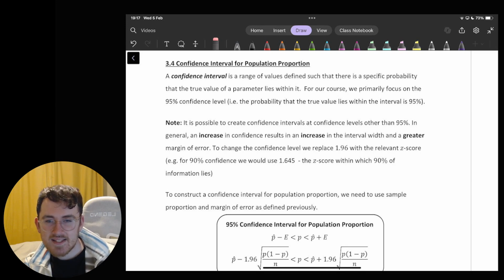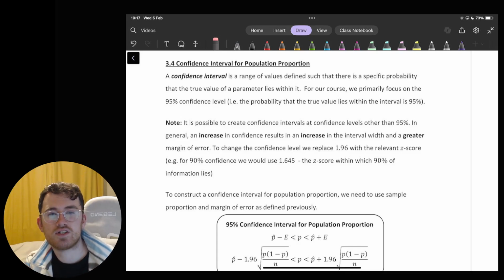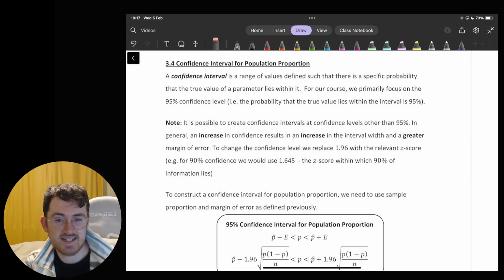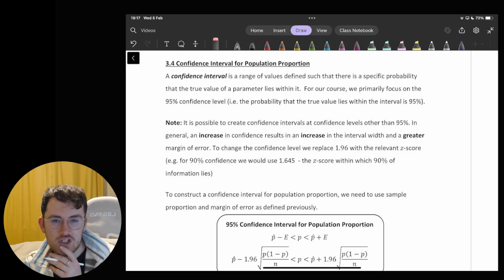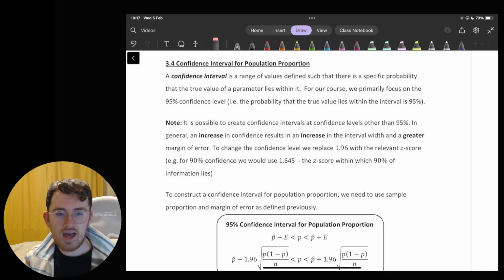As I said in the previous part, we can technically create intervals at different confidence levels, like 90 or 97 or whatever, but that would require us to change that 1.96 that we saw in the margin of error formula. Generally, increasing confidence means increasing my confidence interval and a greater margin of error. If I want to be more confident about my answer, I make my range of values bigger, which makes sense.